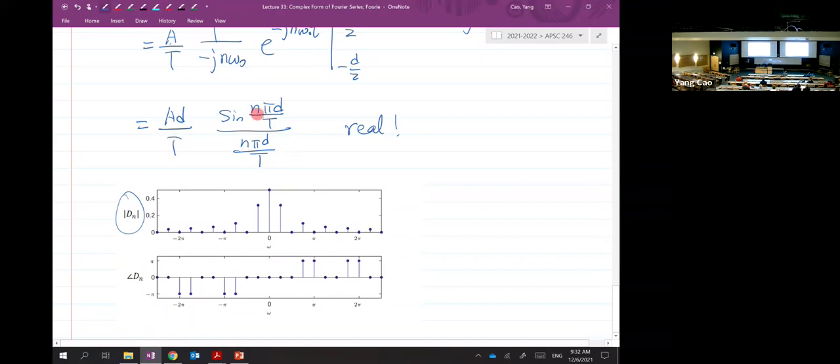The sign, of course, oscillates from negative to positive, but once you put the absolute sign, you can see the magnitude here is all positive now. Now, the phase angle certainly has negative and positive showing up here because when it's negative, it's negative pi. When it's positive, it's pi. That's the oscillation.